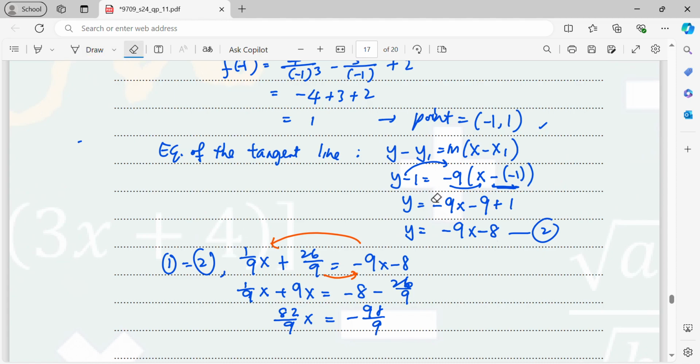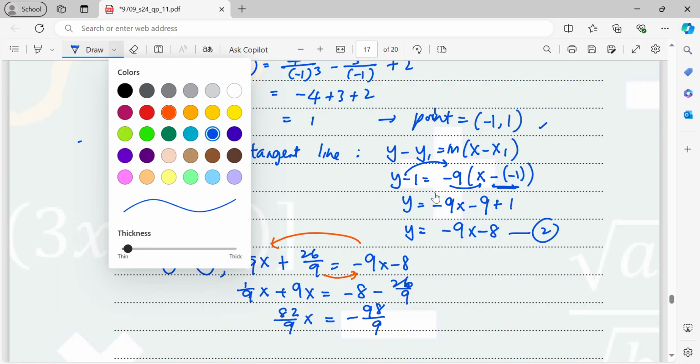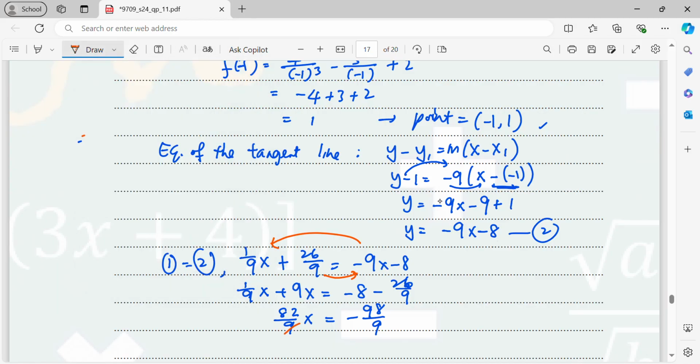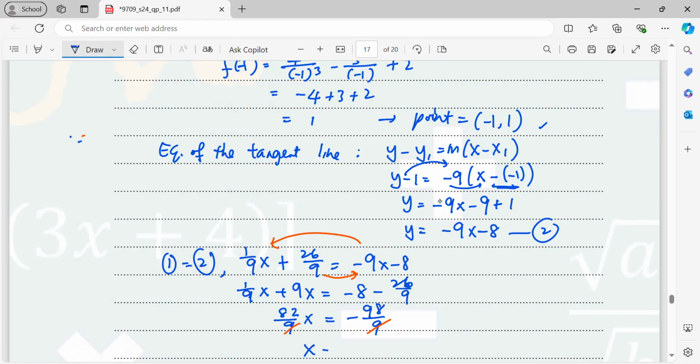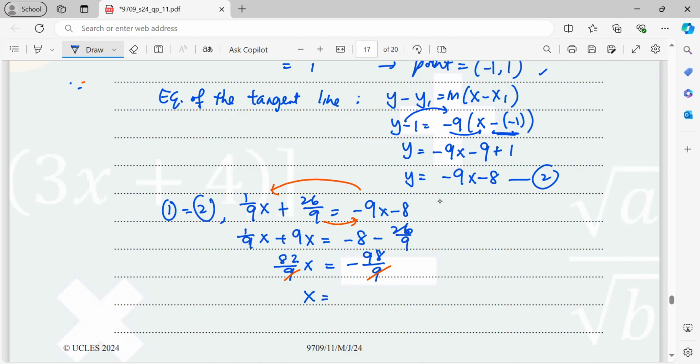Then, to get x, the 9 will be cancelled off from both denominators, and the 82 will be moved down. So x equals minus 98 over 82, which is minus 49 over 41, and this value is basically negative 1.195.